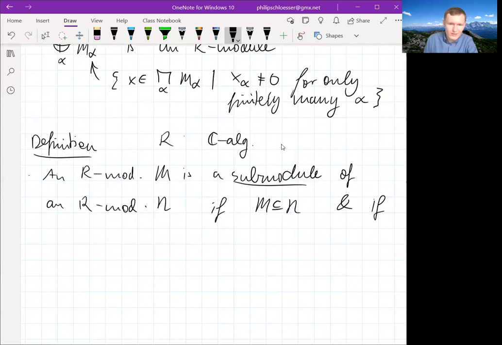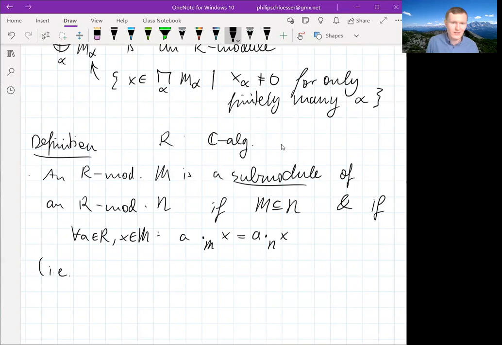How did I write this here? Another way to phrase this is we just have a subset, and if that subset is closed under left multiplication with elements of R, and also under addition, then it's a submodule.